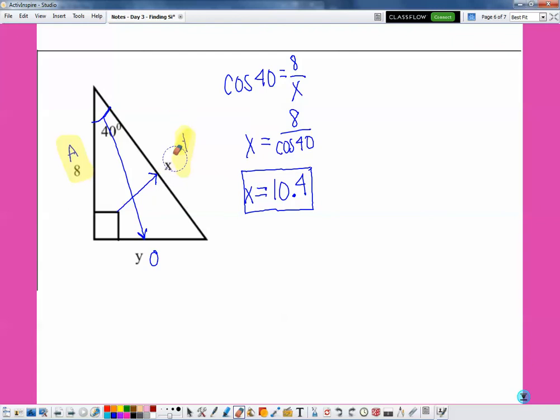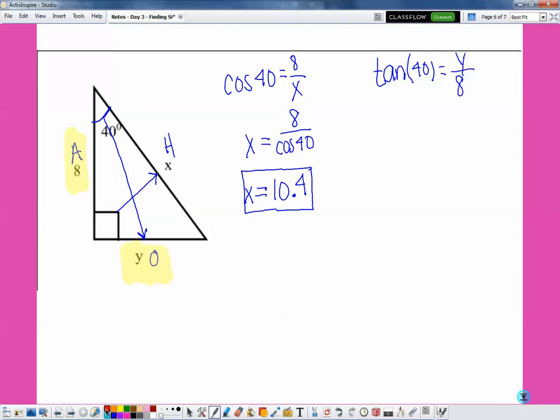Now we also need to find y. Again, we're going to use our adjacent side because it's given, and then we were looking at our opposite side because that's what we're looking for. So what uses opposite and adjacent? That's tangent of 40 equals opposite over adjacent.